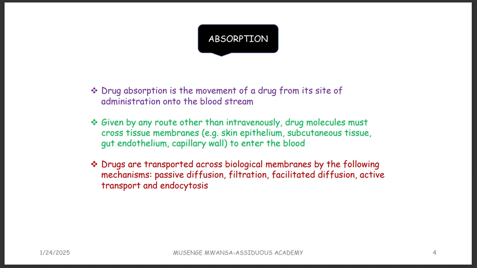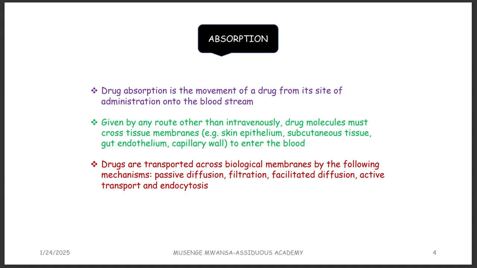So any route of drug administration other than through the IV, the drug has to pass through a membrane. It has to cross the epithelium or the subcutaneous tissue or the gut endothelium or the capillary wall to be able to enter the blood. And drugs are going to be transported across biological membranes by different mechanisms.